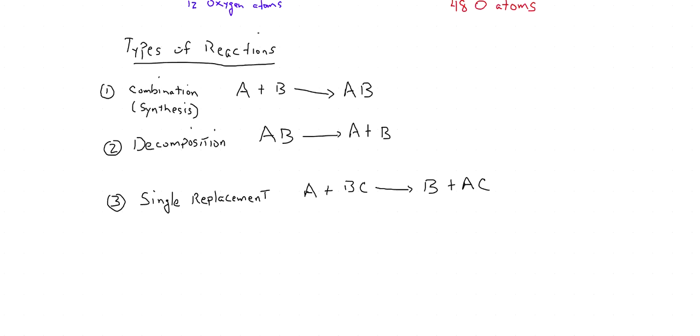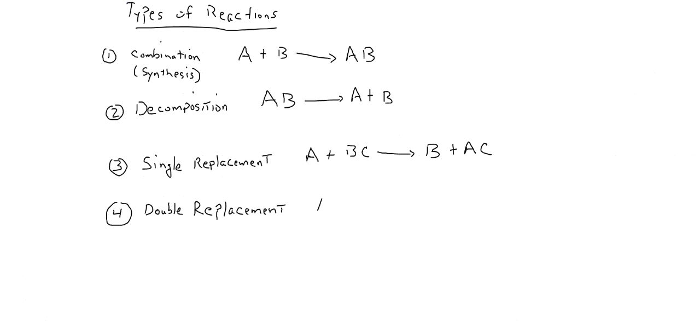Well, we could have 2 couples that swap their mates, and this is called a double replacement. And I think you can already guess what this is going to be. So a double replacement reaction is where you have a couple AB.